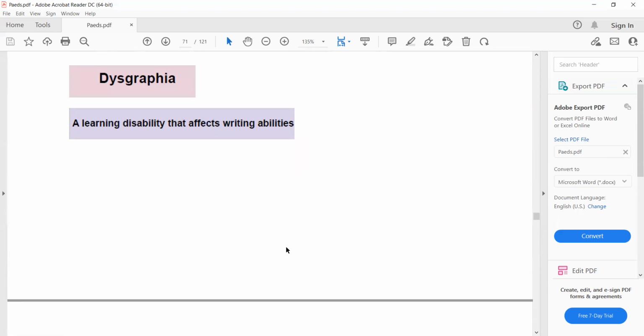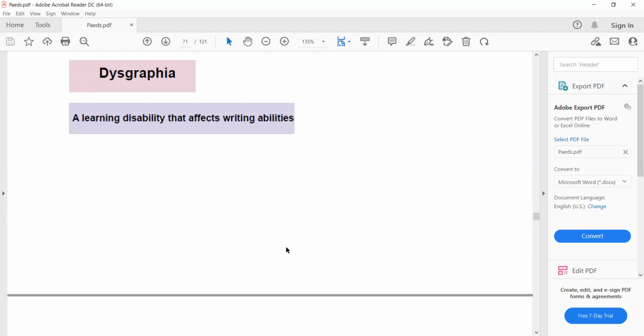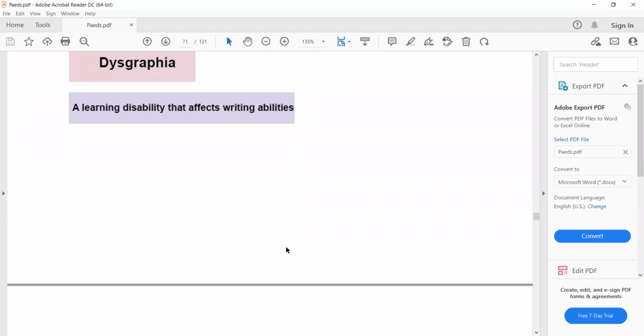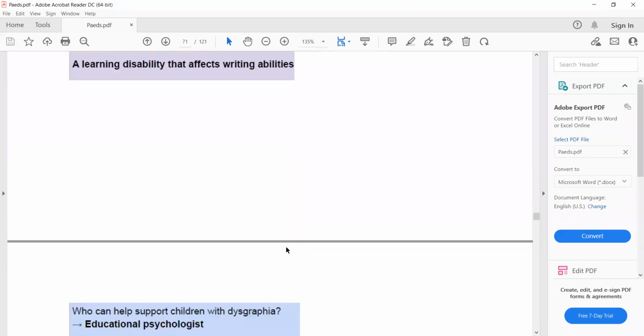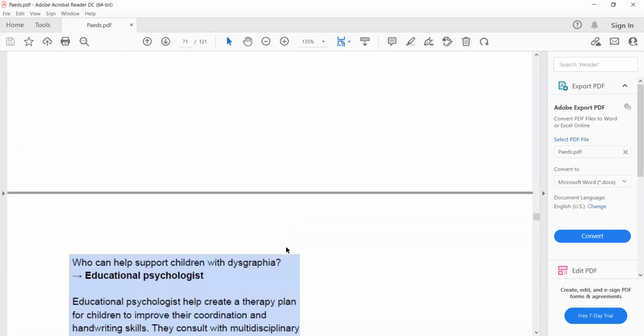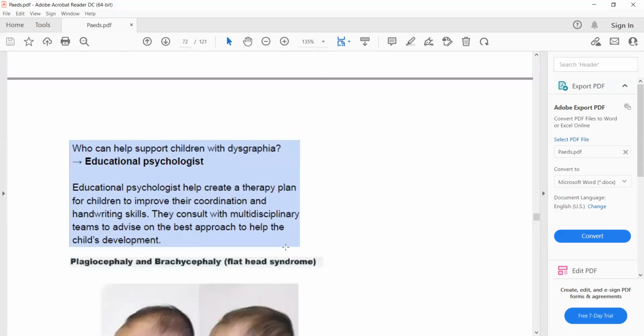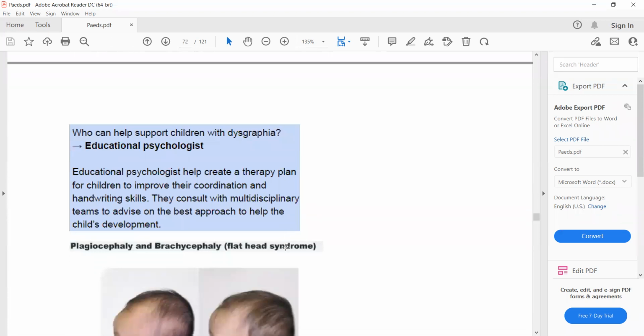So now another CNS condition, that is dysgraphia, a learning disability that affects writing abilities. Dysgraphia is basically a learning disability that affects the writing abilities of the patient. This question was asked previously in the PLAB 1 exam. It was asked that for a child with learning disabilities, what is the most appropriate step in the management?